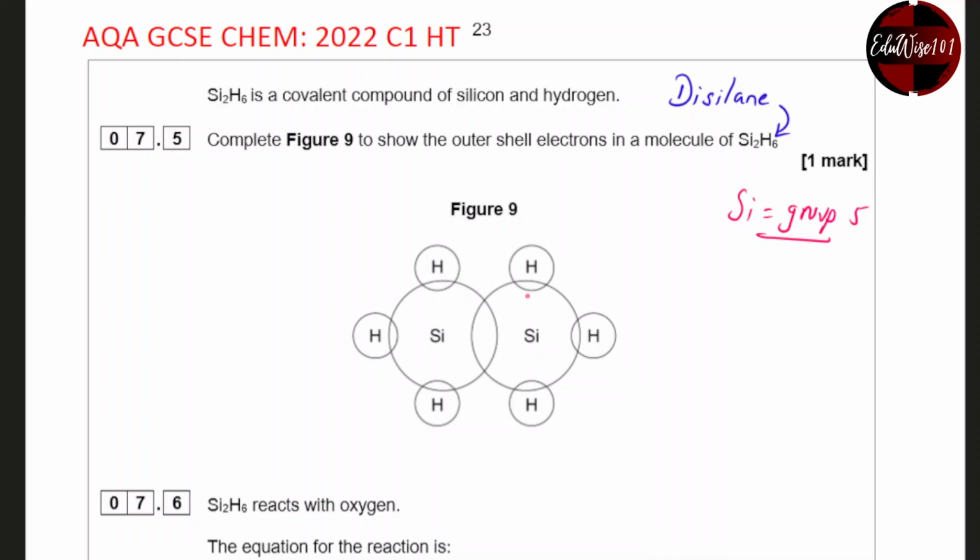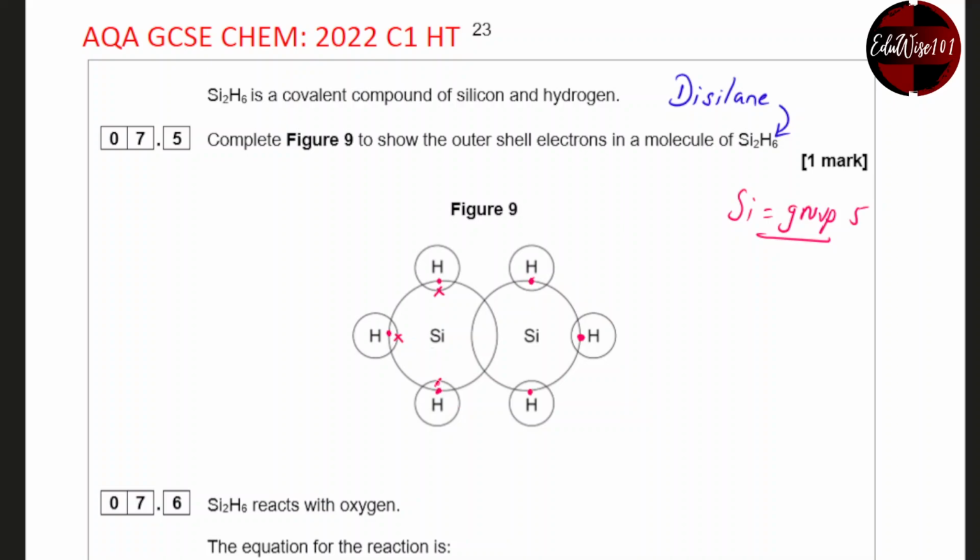So let's complete it. Let's say I put a dot for the hydrogen electron. Actually, the cross would be the hydrogen, isn't it?